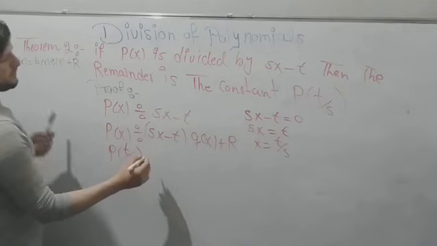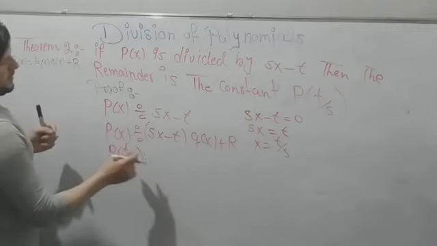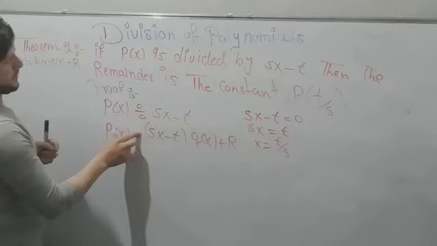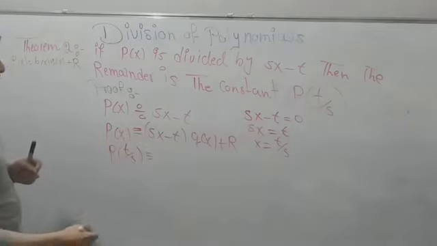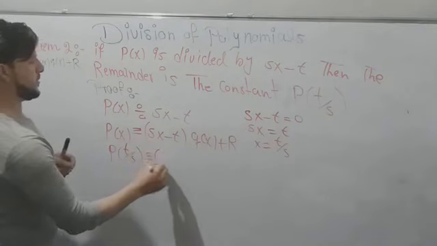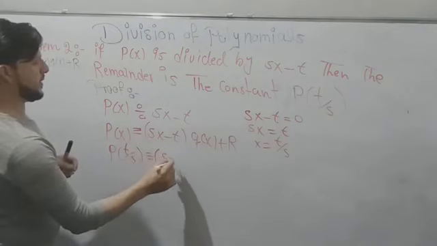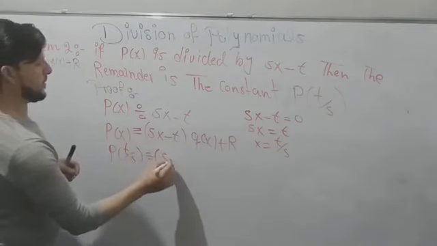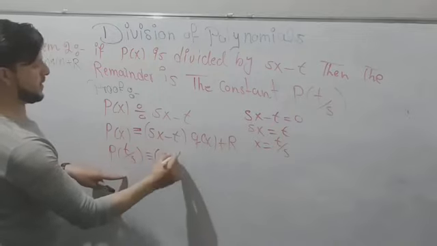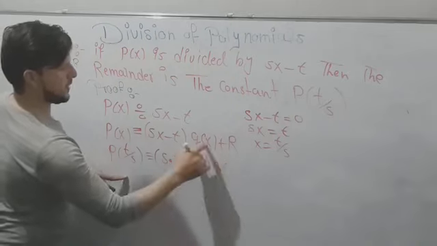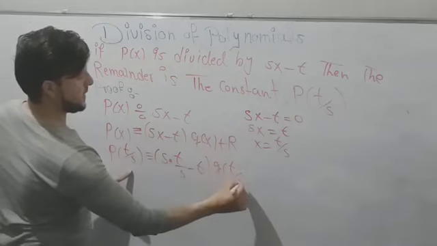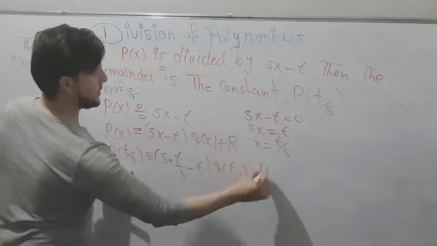It is equal to s multiplied by, instead of x, t over s, minus t, times q of t over s, plus r.